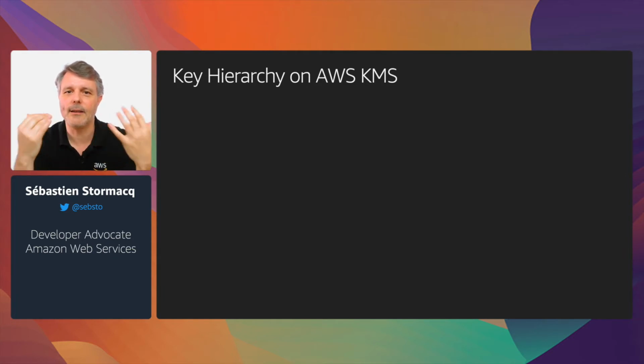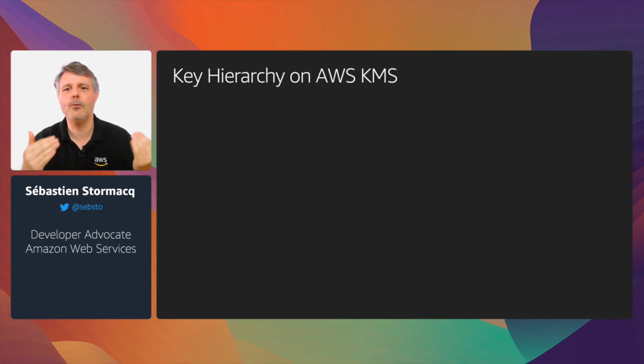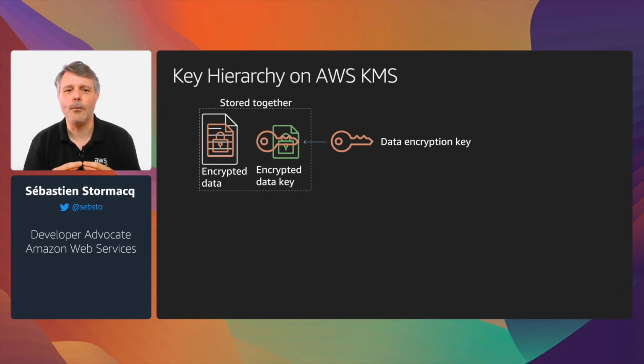So it's very important to understand the hierarchy of keys. I started to explain that in a generic way a bit earlier, but let me come back to that. So inside KMS, we are using a two-tier hierarchy for your customer key. You generate unique data keys to encrypt your content. And that's very important. Each key that you use to encrypt a piece of content should be unique.